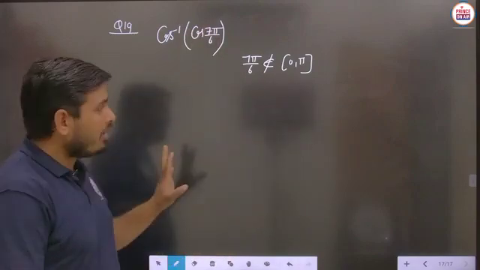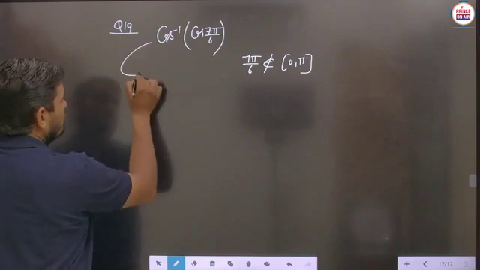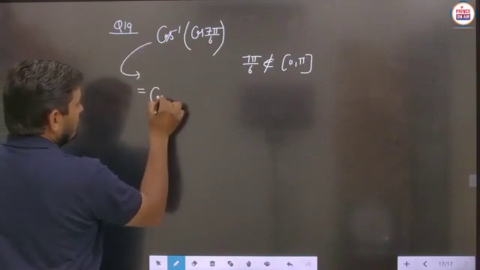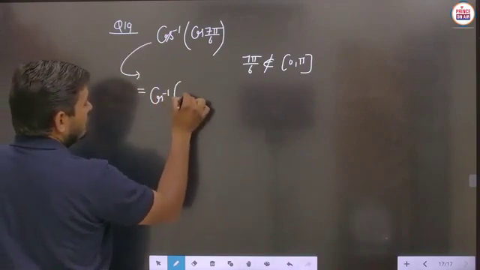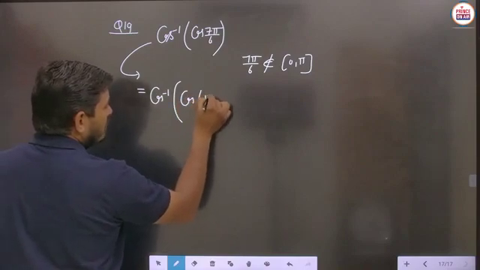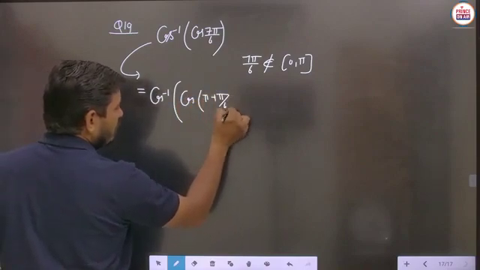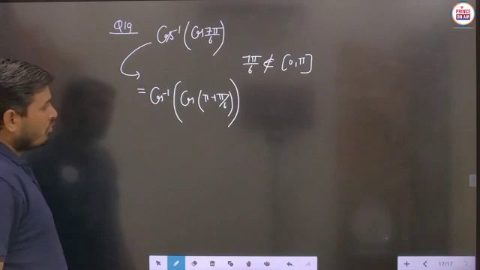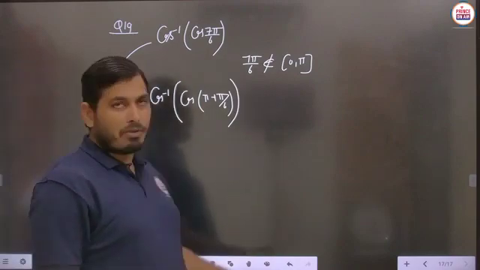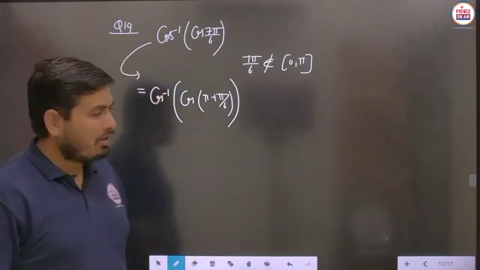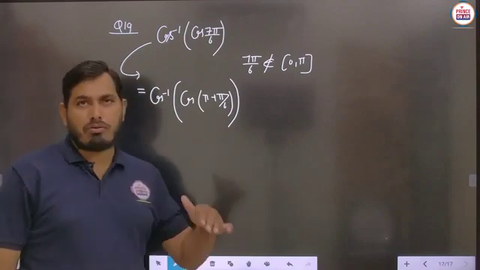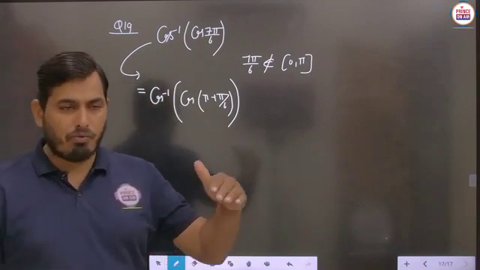But here that does not happen, so we have to use some transformation. So this part is to be written as cos inverse cos of pi plus pi by 6. As per the transformation of trigonometric functions, cos of pi plus theta: this particular pi plus pi by 6 will move in the third quadrant.